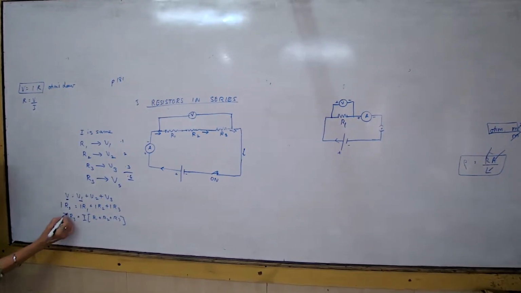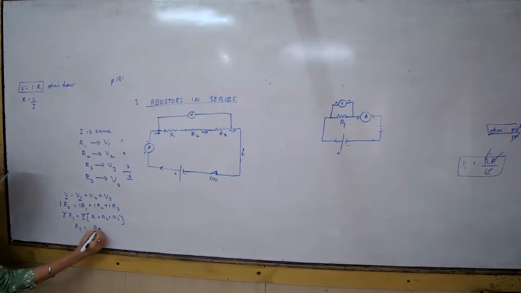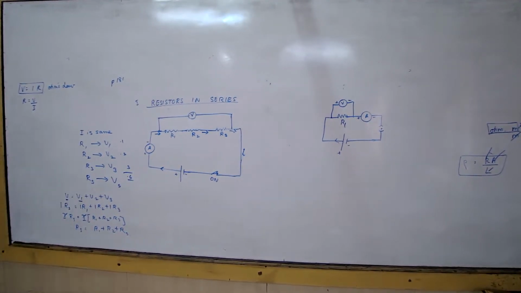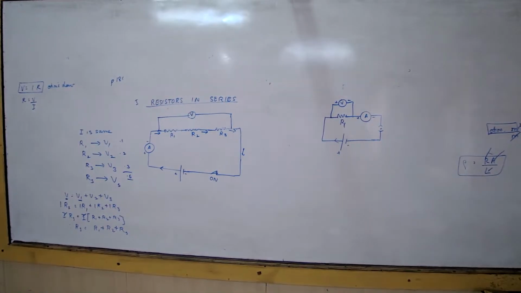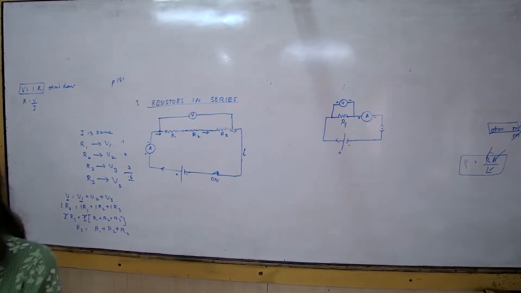Right? So therefore RS is equal to R1 plus R2 plus R3. Is that okay? Did you understand? Very simple. All that we are finding out is the resistance if we have two or more resistors which are in series.